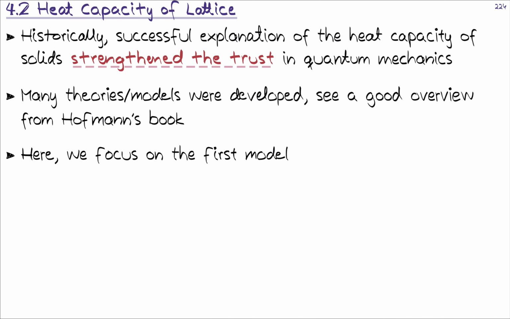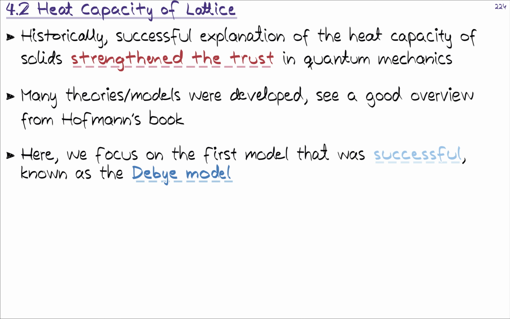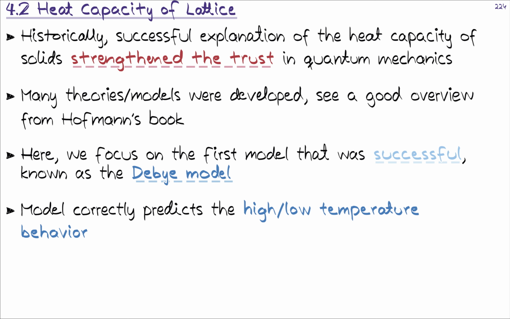And here we will really focus on the first model that was successful at all, and this is known as the Debye model. It's an intuitively understandable model, and it does pretty well already predict the high and low temperature behavior. It doesn't work that well in the medium temperature case, so close to room temperature, but I guess we just need to make some compromises here.